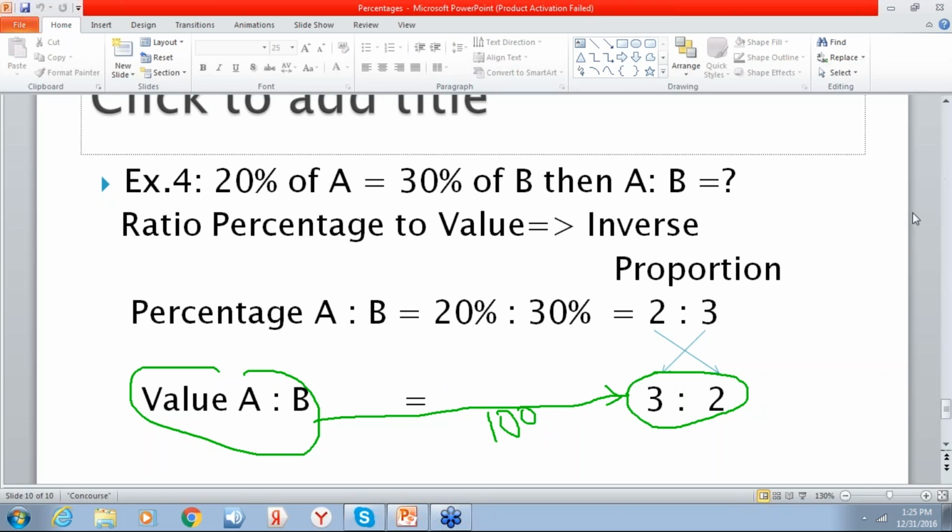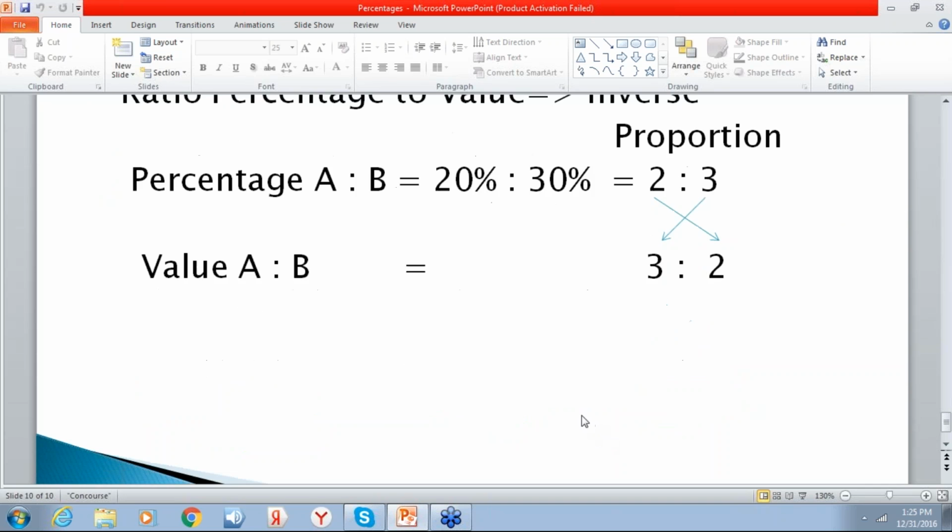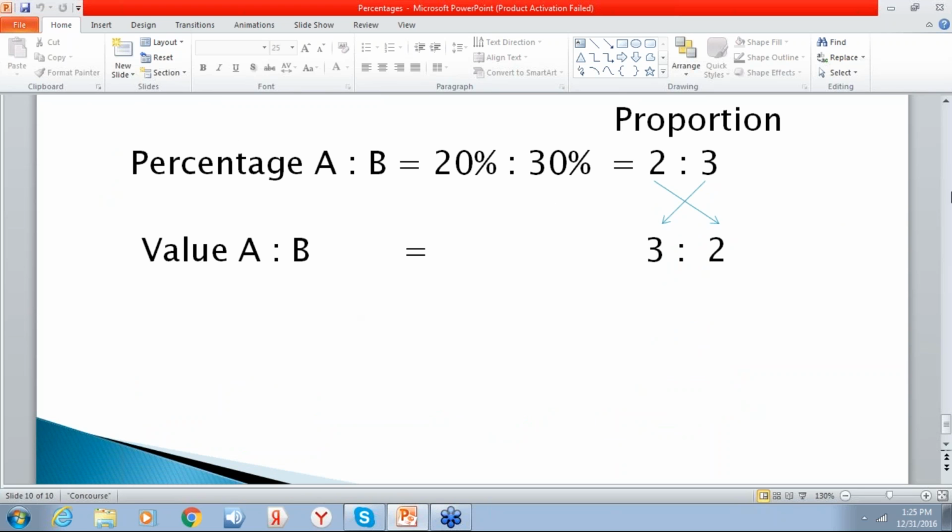If the value of A is equal to 100, then what is 20% of 100? 20% of 100 is 20.